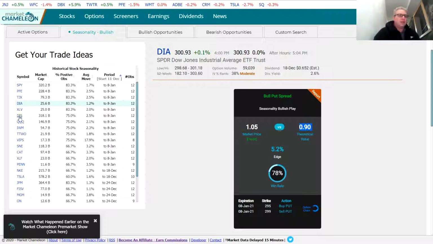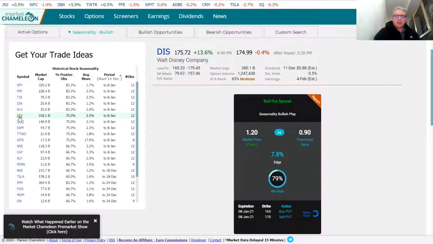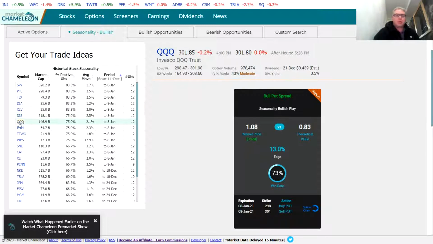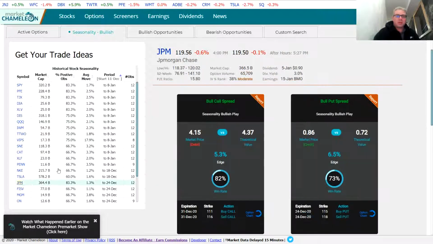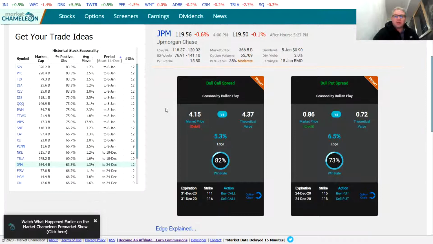There's Disney. There's the Disney trade. That's crazy. 170, 165. QQQ. Sell 301, buy the 298. That's all crazy good. But this is for next month, for January. If you want, let's say JP Morgan for December 24, price of almost 120, 118.5. Let's take this one.